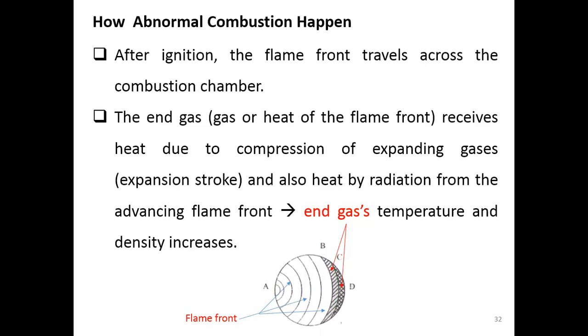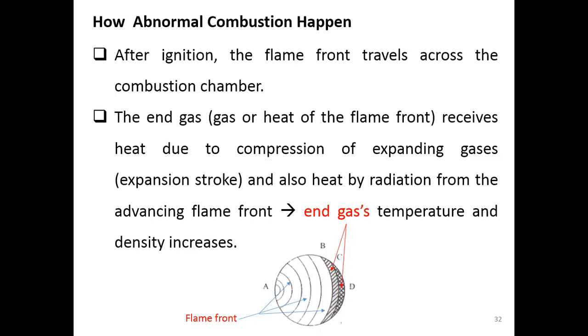Remember, the combustion happens during the expansion stroke. So the gas starts to expand, and due to that expansion, compression happens. This is the first heat that the end gas will receive: the compression of the expanding gas.